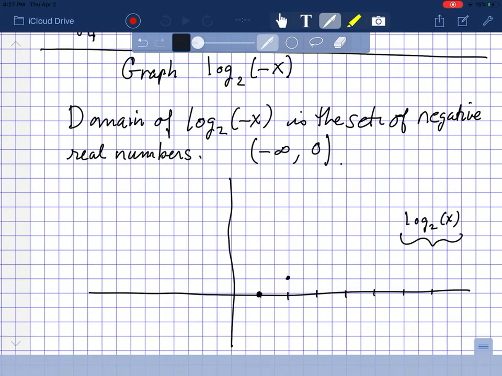And then the log base 2 of 2 is 1. The log base 2 of 4 is 2. The log base 2 of 8 is just going to be 3. So we have something that kind of looks like this.